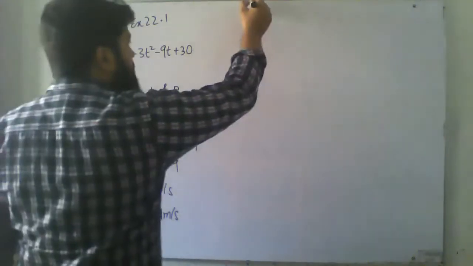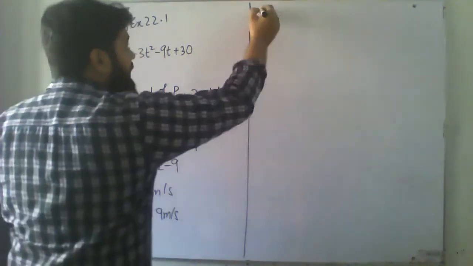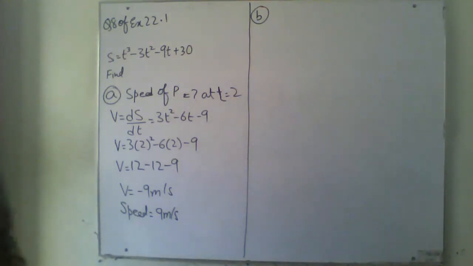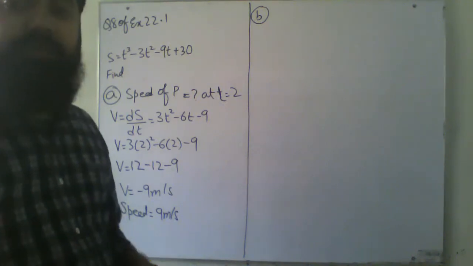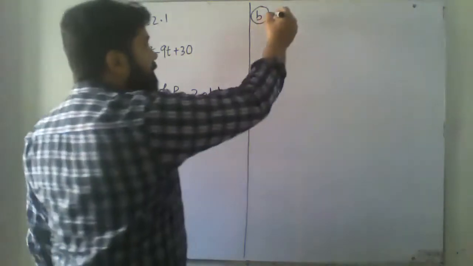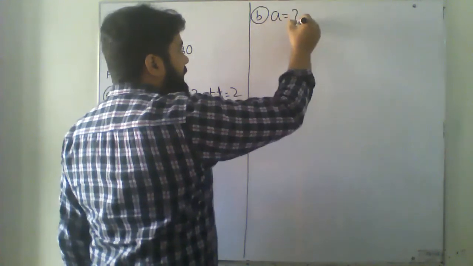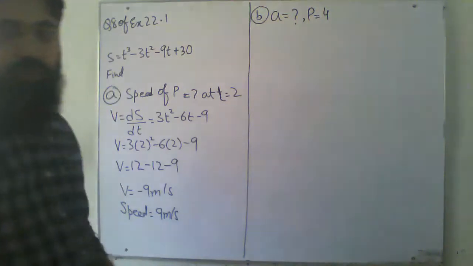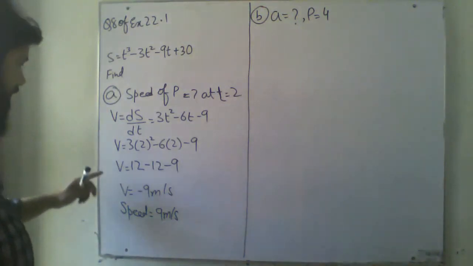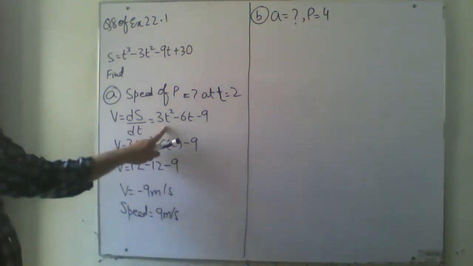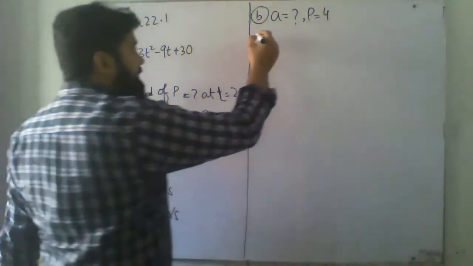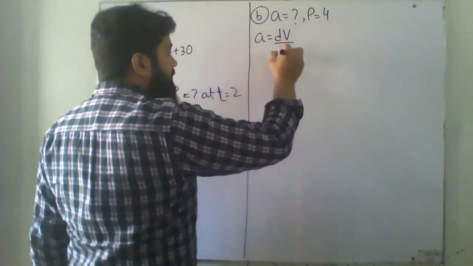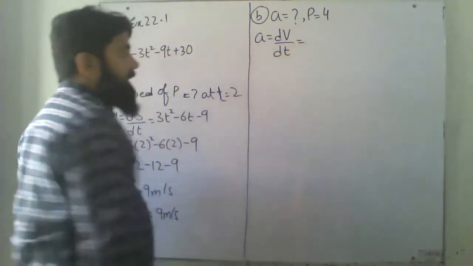Part B of the question is saying that we have to find the acceleration of P at t equals 4. First of all, I have got the equation of velocity, and I know that acceleration equals the differential of v with respect to time.